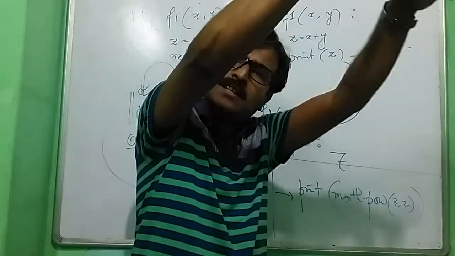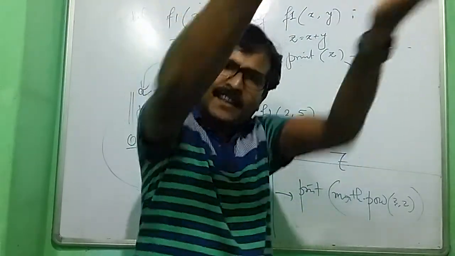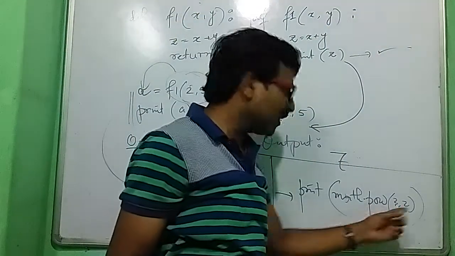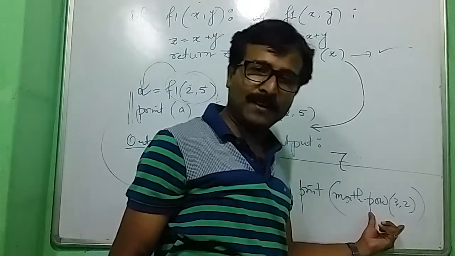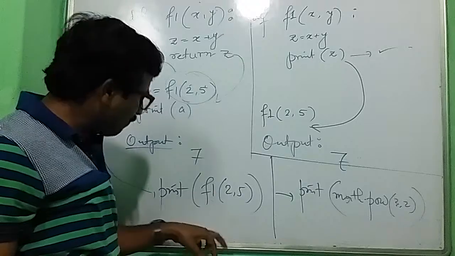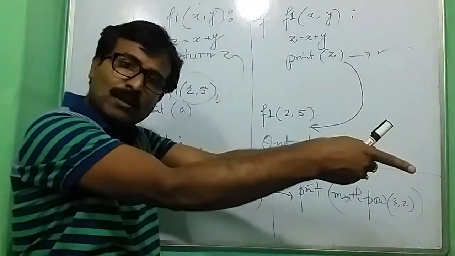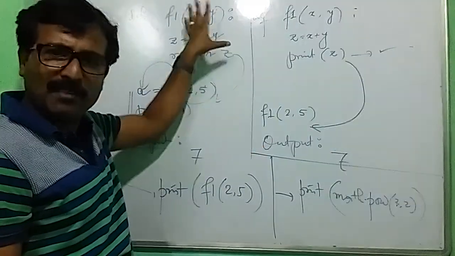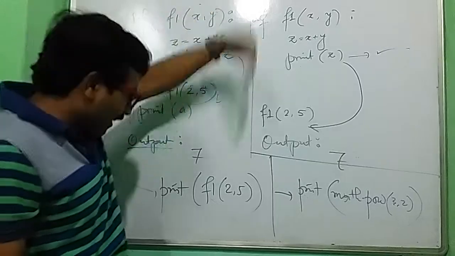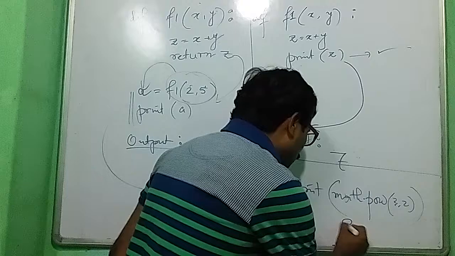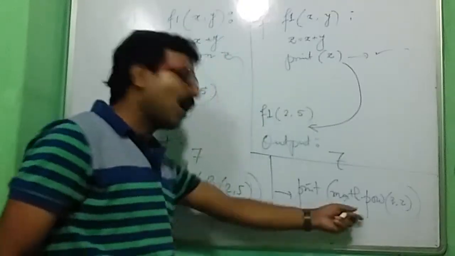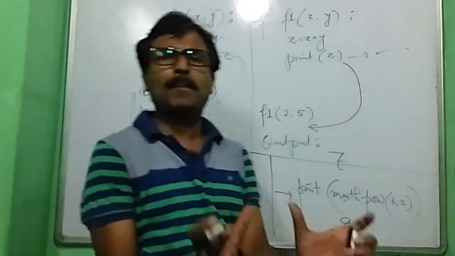So 2 arguments are passed, got processed, and it returned the value 3 square. 9 has been returned here and 9 is printed. But over here, same thing, 2 and 5 passed to the function, that is x and y, and they are added and the value is returned, and we got the output 7 here and we will get the output 9 here. So these two are very close, comparable.